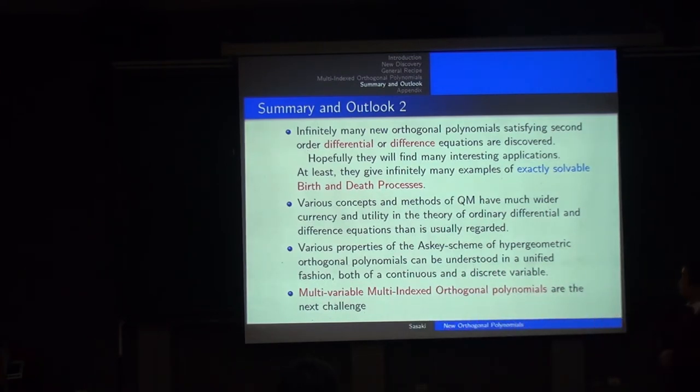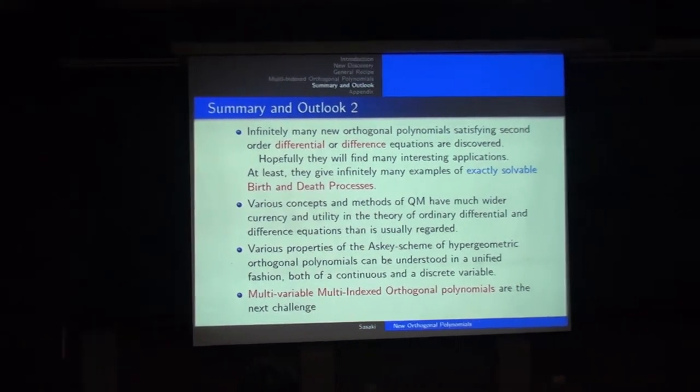And I think you can also consider deformations of such multi-degrees of freedom quantum mechanics. And if you are lucky and clever, you might be able to construct multivariable, multi-indexed orthogonal polynomials. This is about what I wanted to say. Thank you very much.